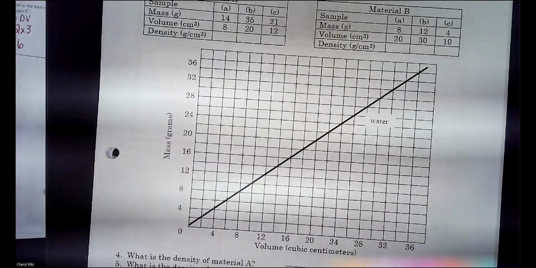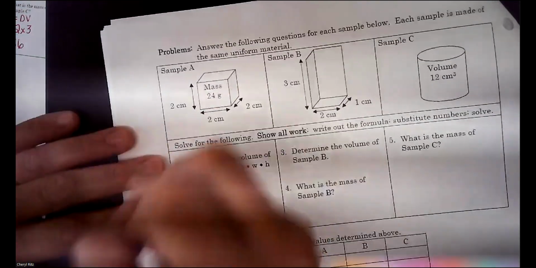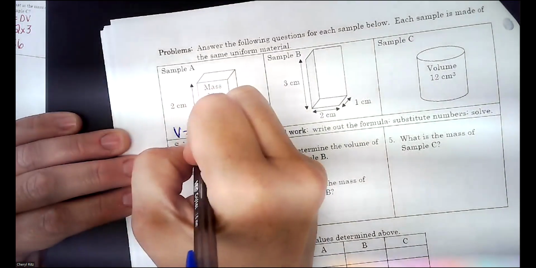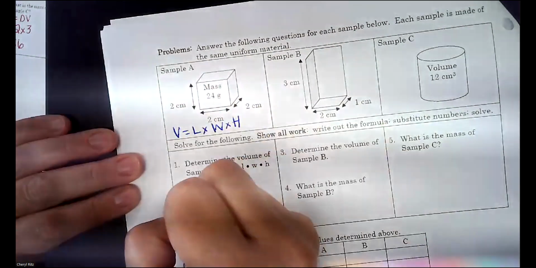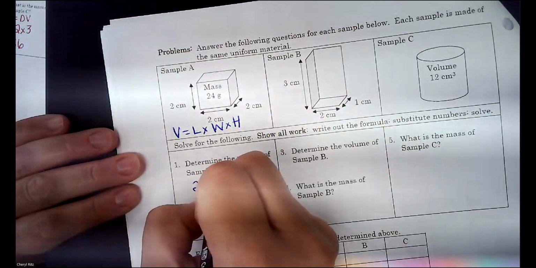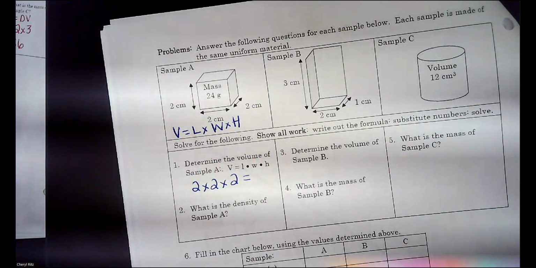All right, moving on to the page that I thought most of you had the most trouble with. The first thing I noticed a lot of trouble with was volume equals length times width times height. So you did 2 times 2 times 2. Hey, what is 2 times 2 times 2?